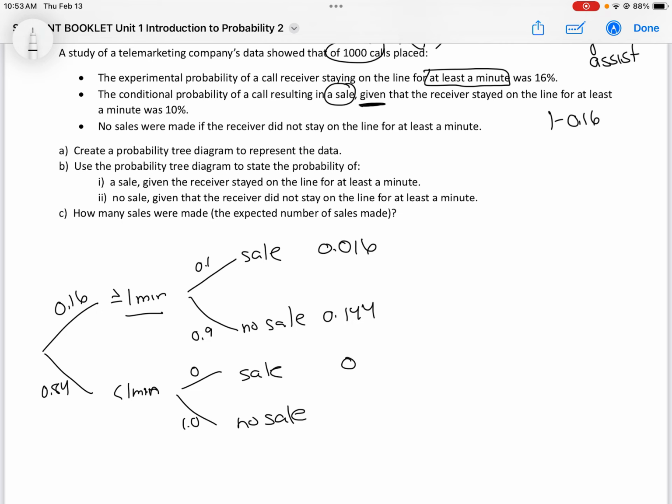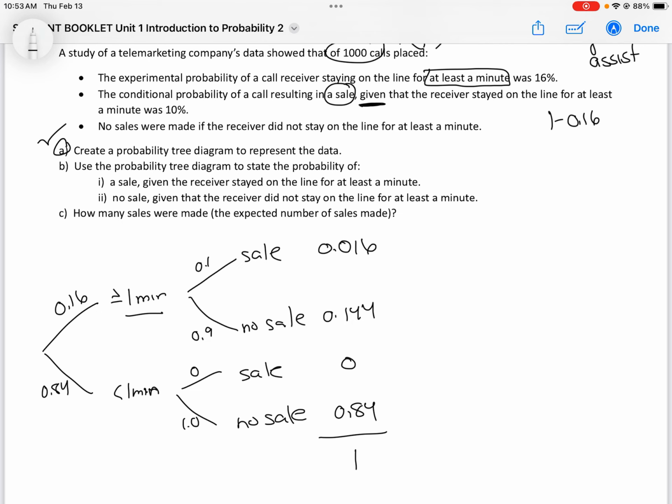And 0.84 times 1 is 0.84. If you add these up, they should add up to 1. So 100% of the probabilities lie amongst these 4 different situations. So we created a probability tree diagram as we were actually reading.